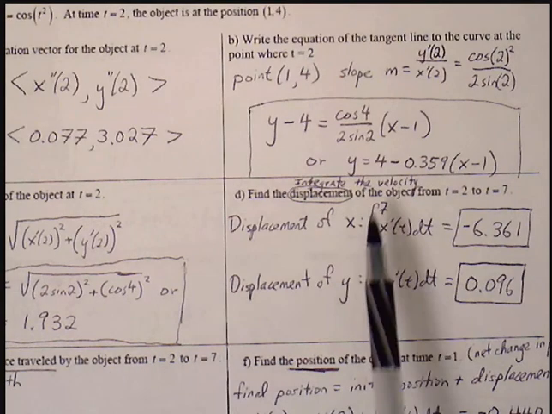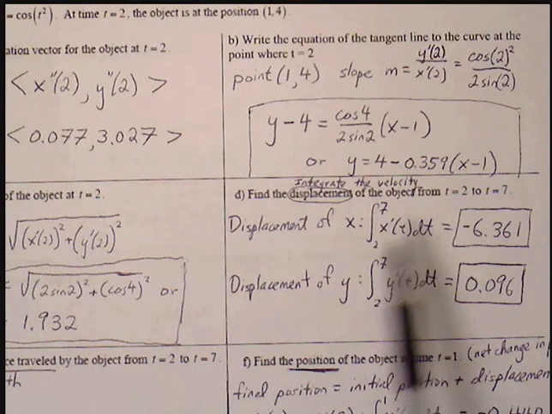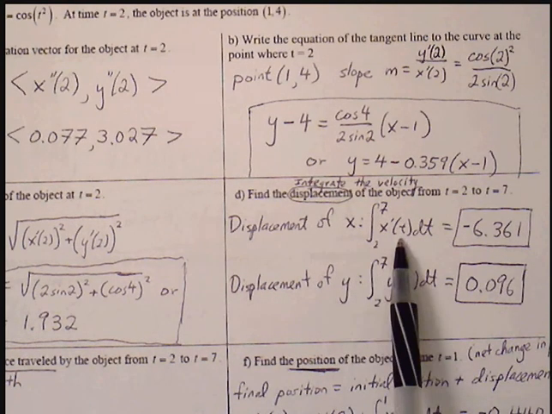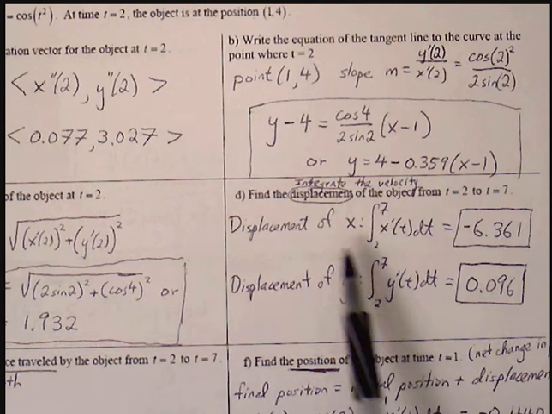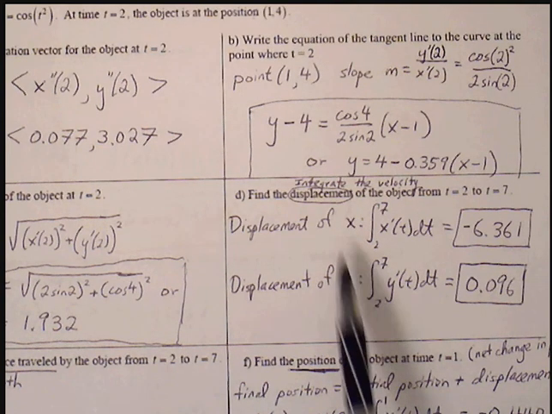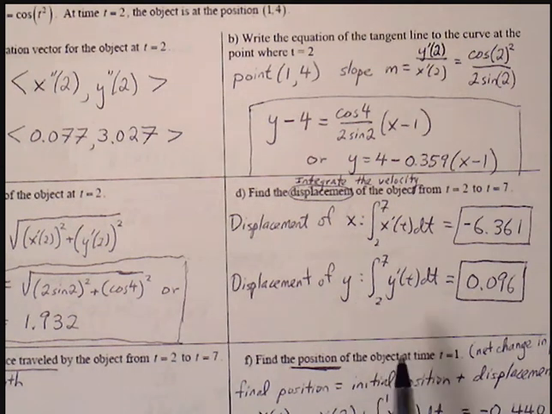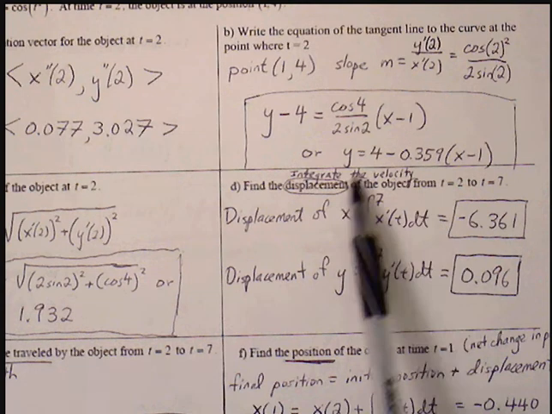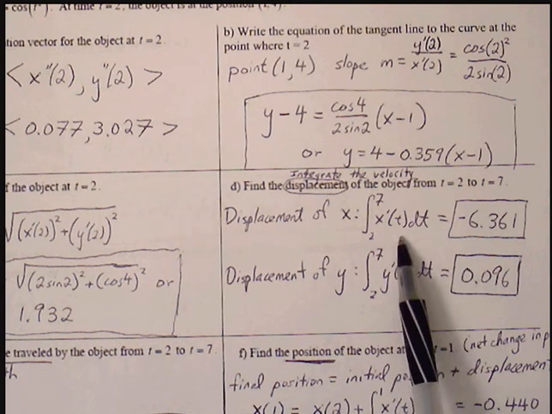Next part, find the displacement of the object from 2 to 7. Displacement is simply going to be the definite integral of x prime of t dt. So the displacement of x and the displacement of y, we're going to find those two separately. The displacement of x, we can find using the fnInt feature in our calculator.